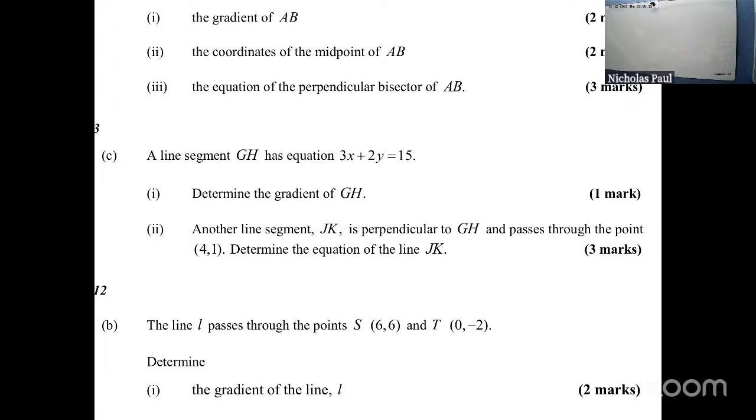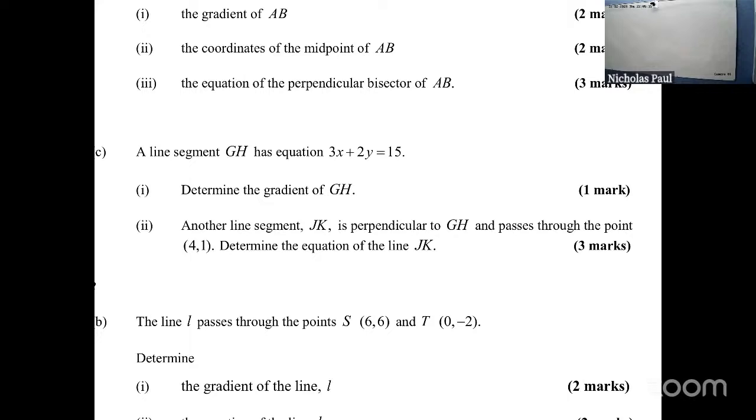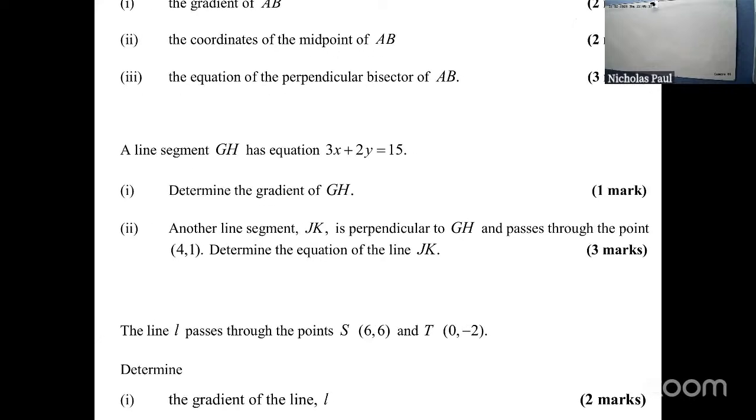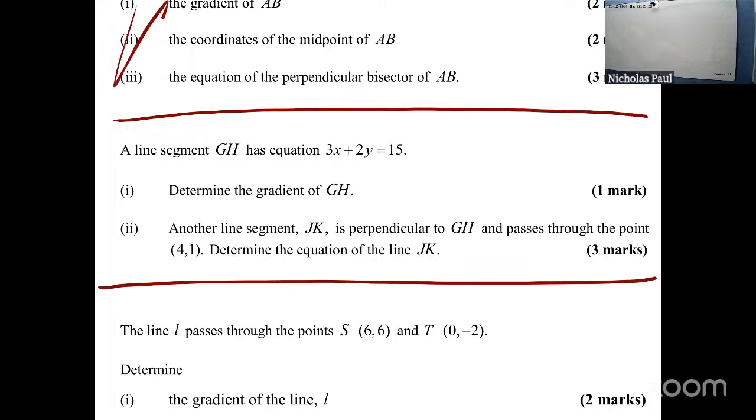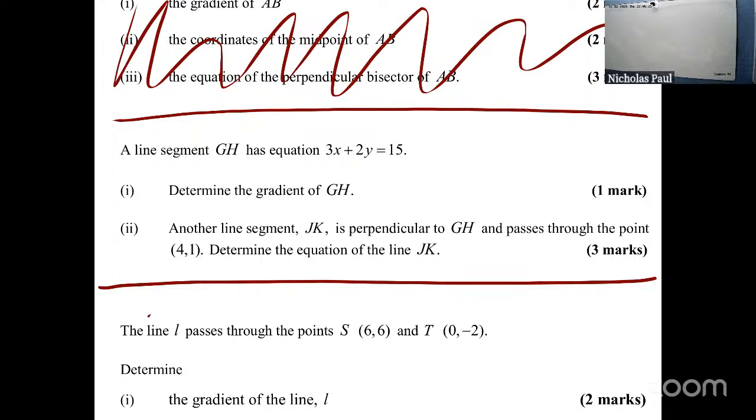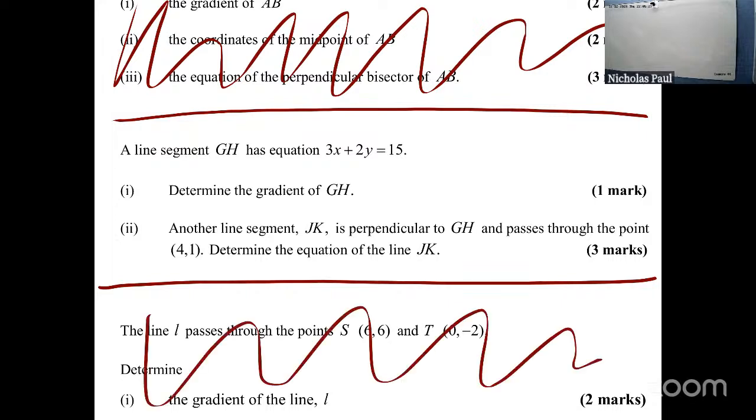This one here, right? Ignore the pass on top. Find the middle. Take your time, read it properly. Don't let the word segment confuse you, it's just a line, right?